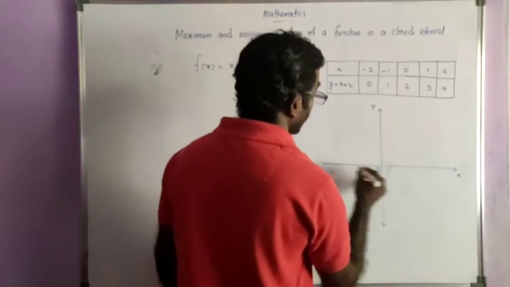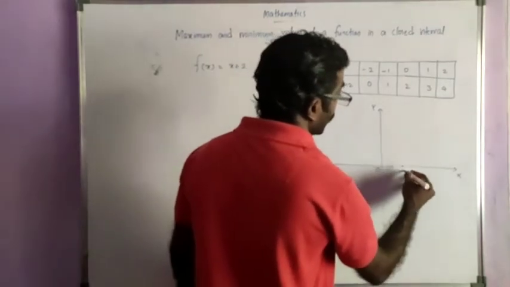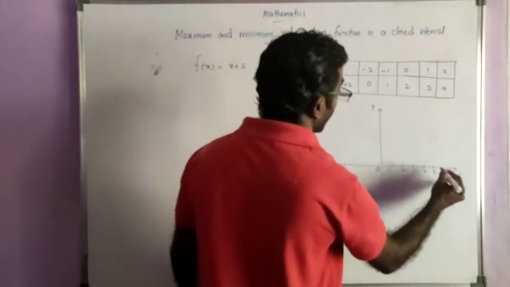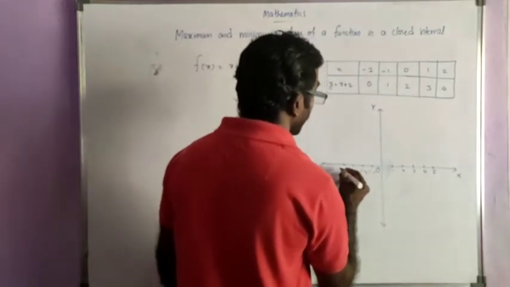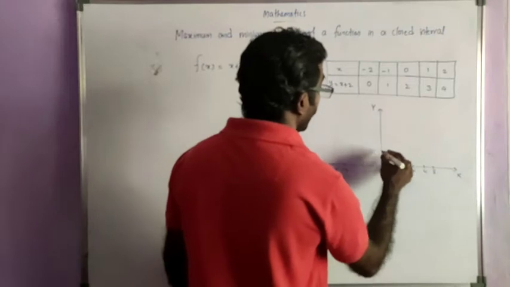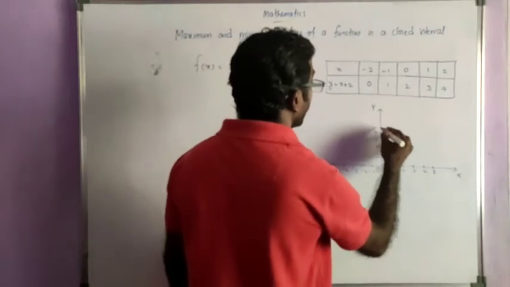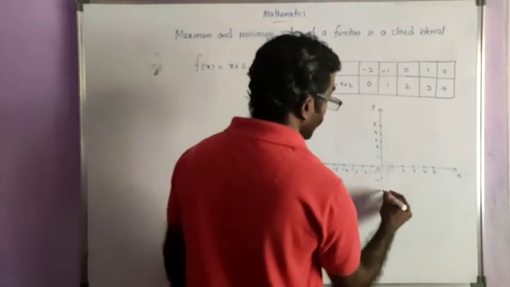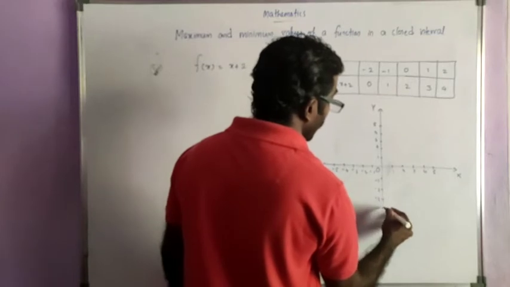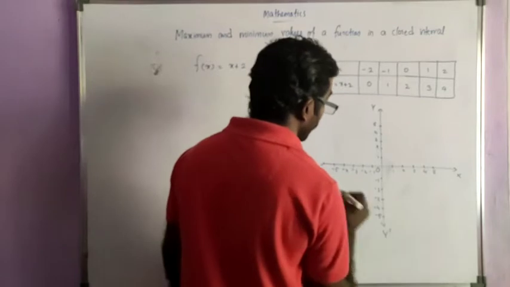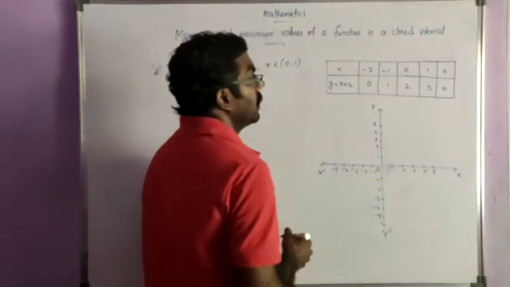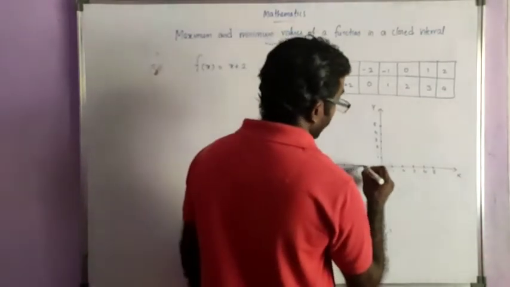Draw the x-axis and y-axis, then 1, 2, 3, 4, 5, and so on, and minus 1, minus 2, minus 3, minus 4, minus 5, etc. Okay. Here minus 2, 0.